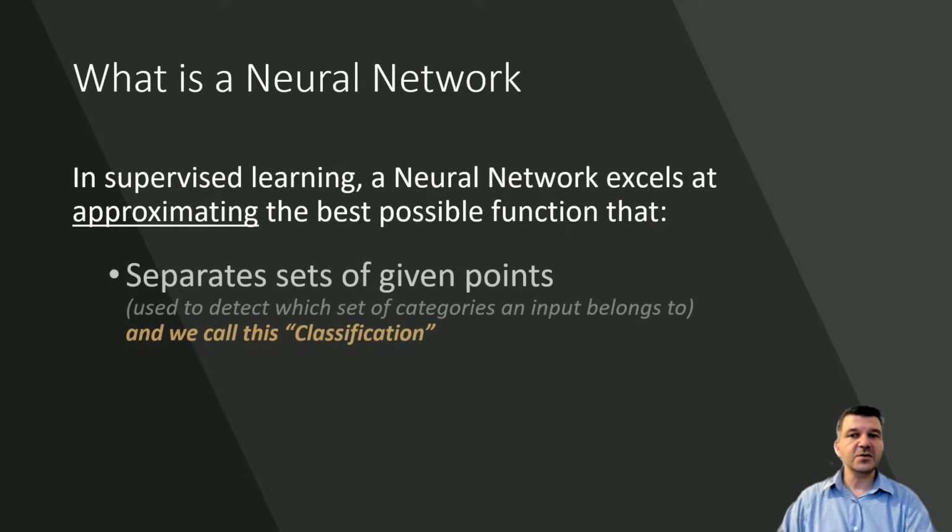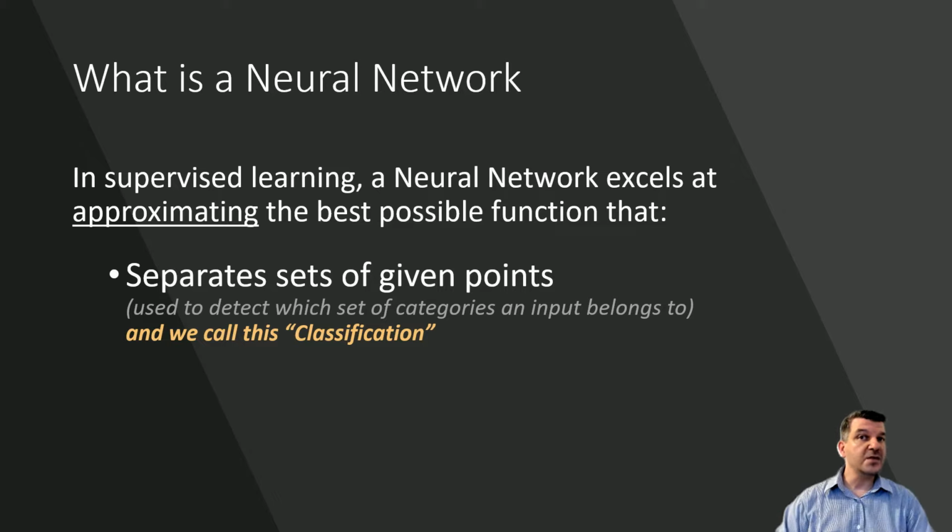The first was separating sets of data into classes. Thus, by training with labeled data, based on those labels, we tried to define a function that can separate those labels into sets, thus creating probability spaces.